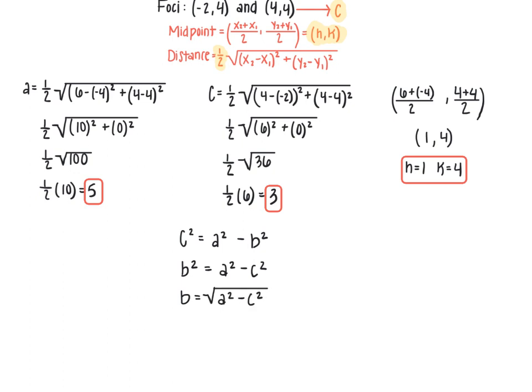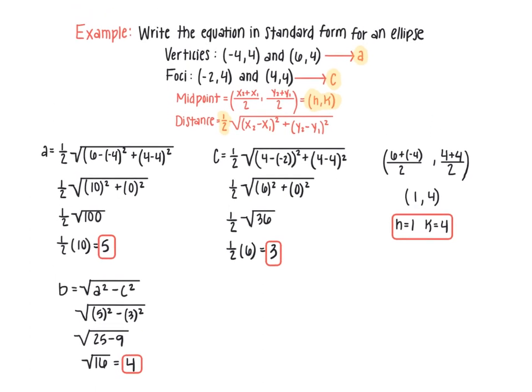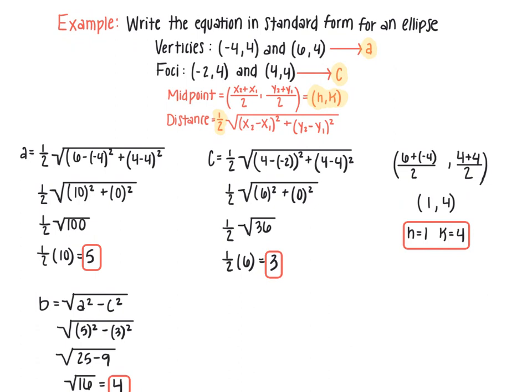So let me go ahead and solve for B. So this equals the square root of 5 squared minus 3 squared. So I have the square root of 25 minus 9, which is the square root of 16, which tells us that B equals 4.